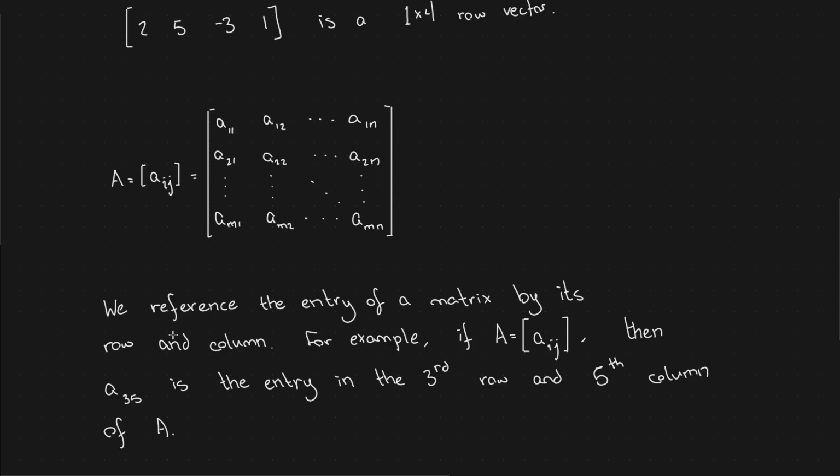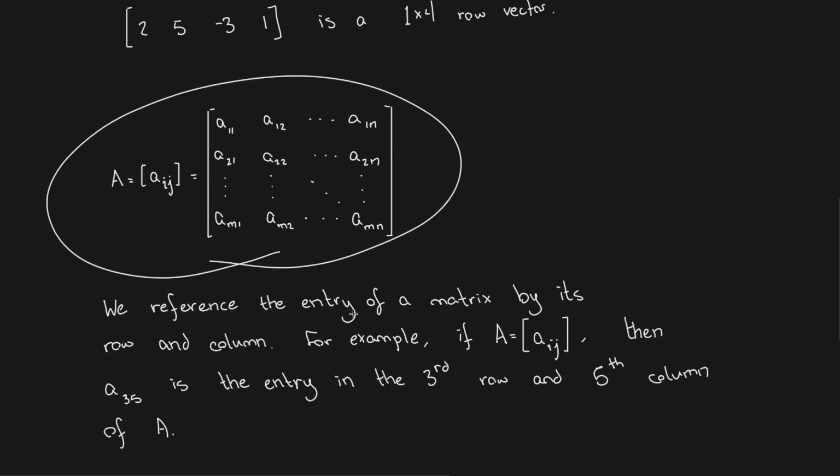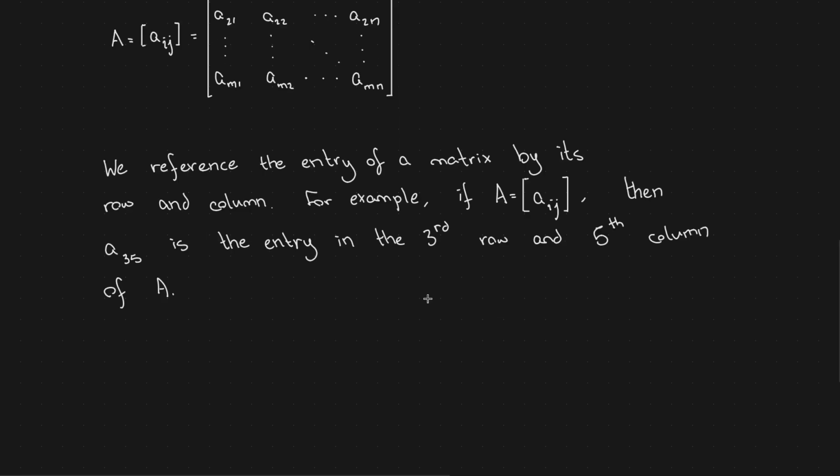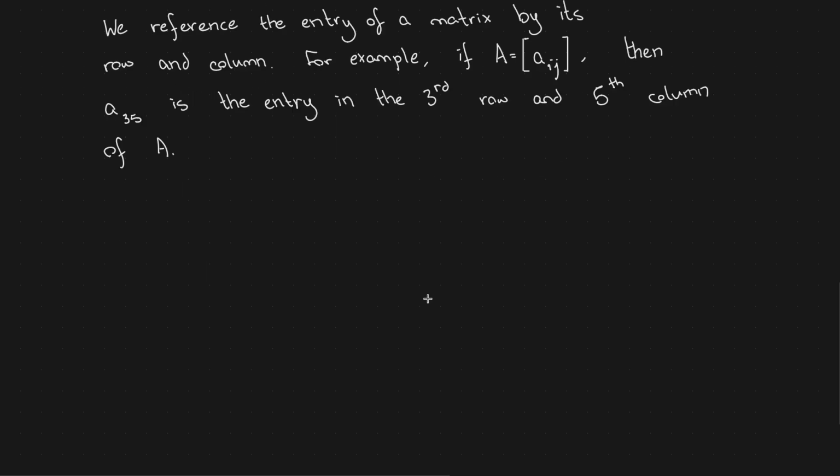And sometimes when we have a matrix, it's going to be useful to focus on the individual rows or the individual columns of the matrix, to think about them as vectors. Okay, so if we want to do that, we could imagine the individual rows and columns of a matrix as vectors.